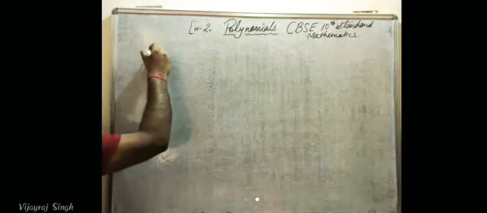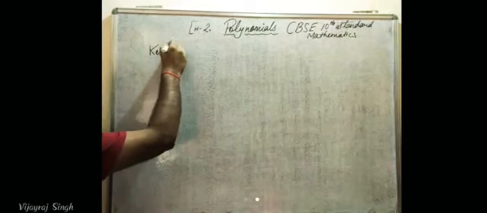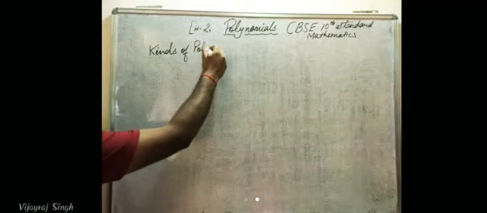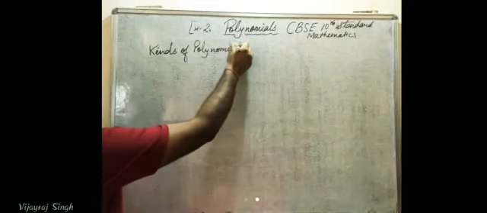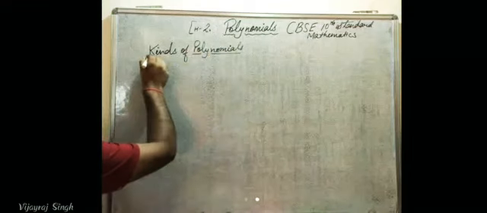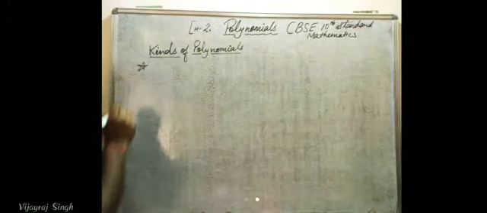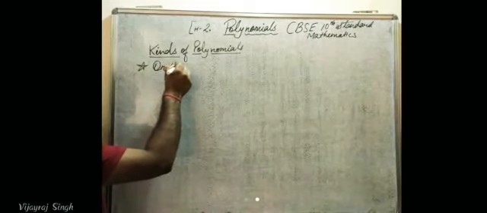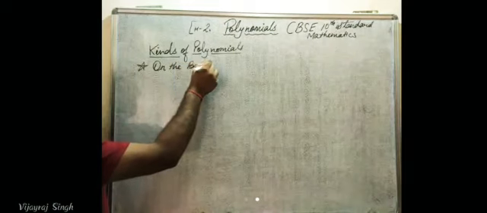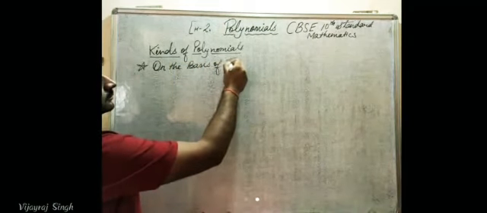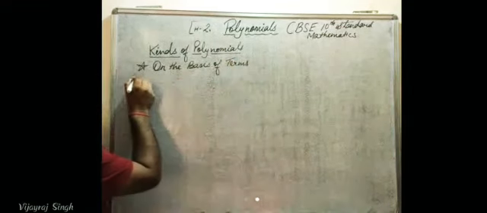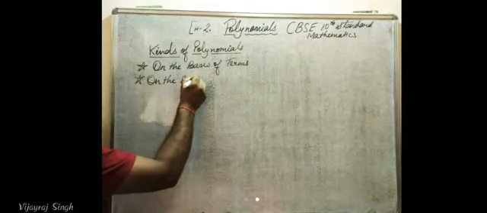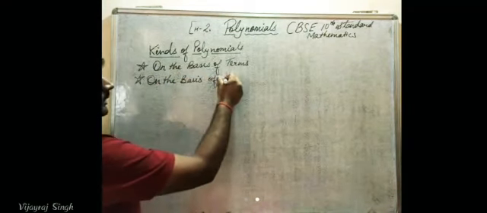Kinds of polynomials. We have two kinds of polynomials. First of all, on the basis of terms, and second, on the basis of degrees.